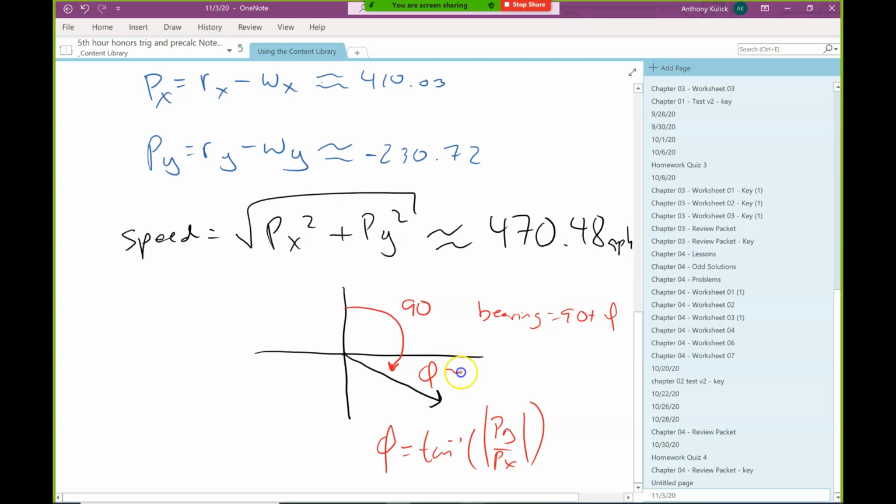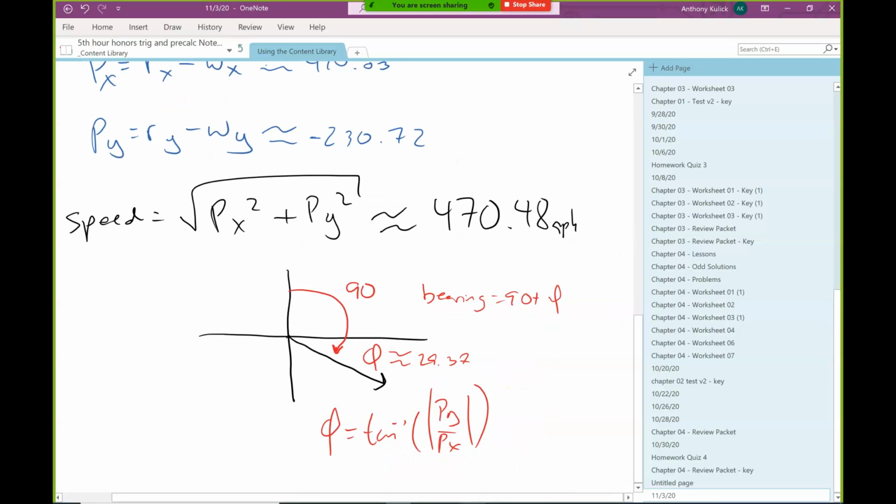So I type that in, and that part is about 29.37. So my bearing in totality is about 119.37.